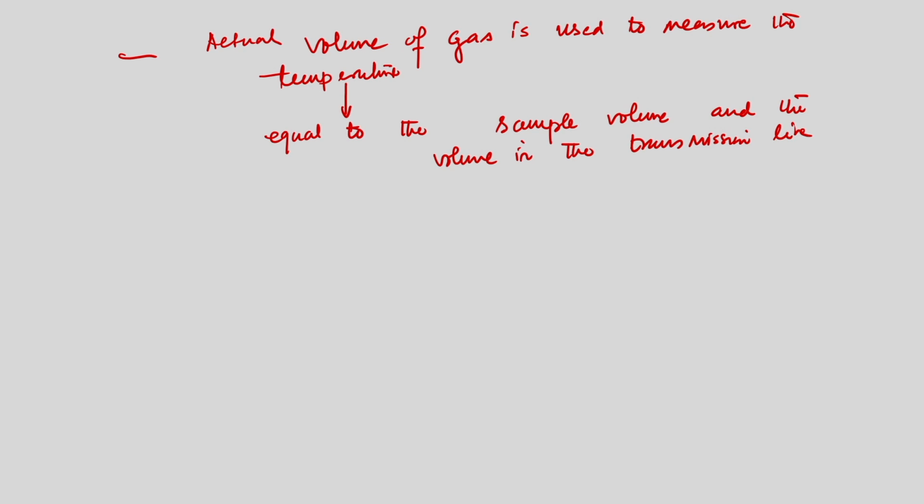I am writing this because it is very important, we should know. So, the total volume is the volume of the sample plus the volume that is there in the transmission line.